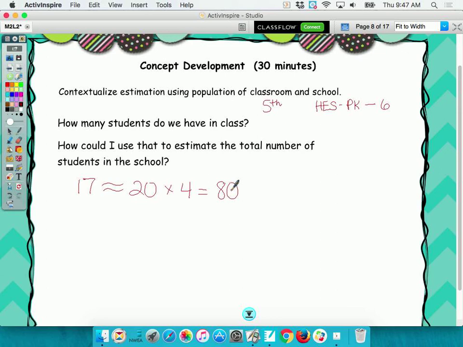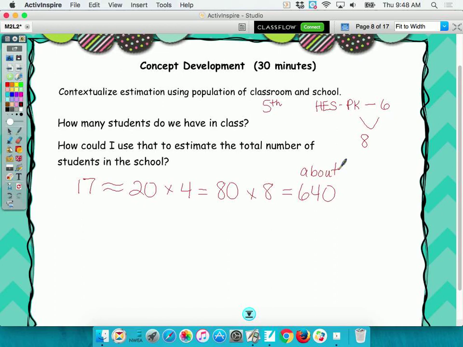Because we have 1 through 6 plus 2 extra. And so we're going to assume that's 8 grade levels, right? And what are we going to multiply that 8 times? 80. So the total number of students in Huguenin Elementary is about what? 640. Okay, that's the lesson today, basically.